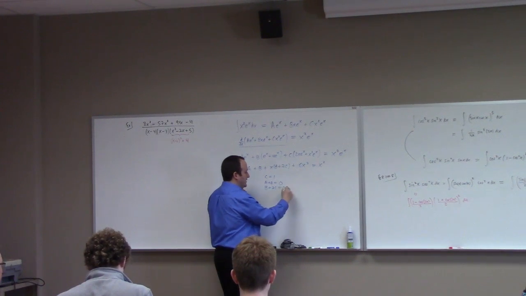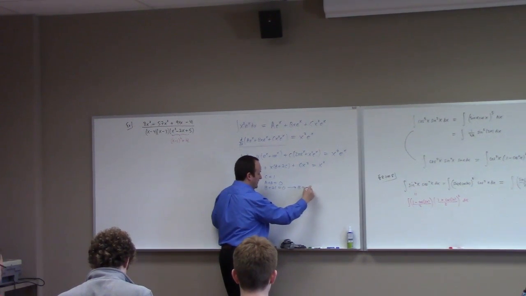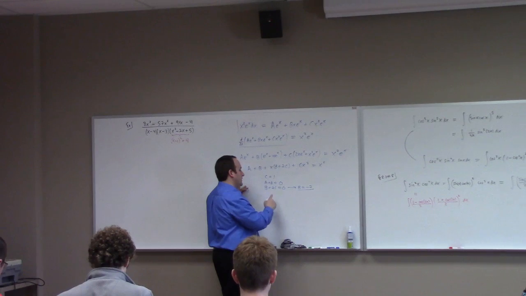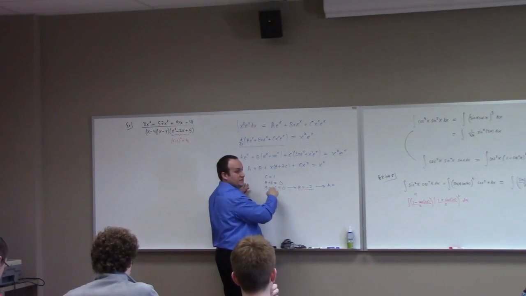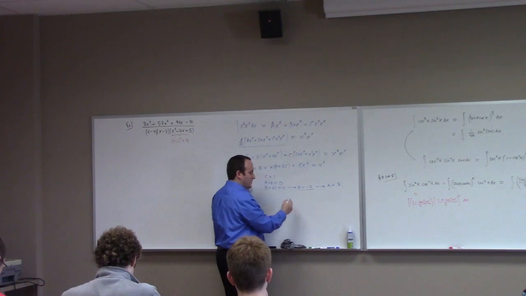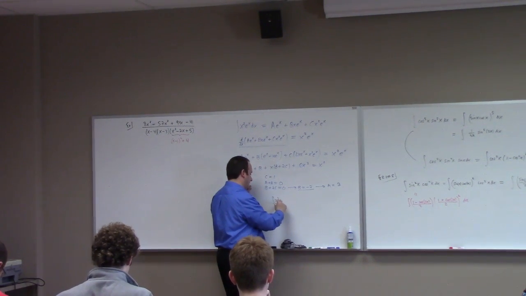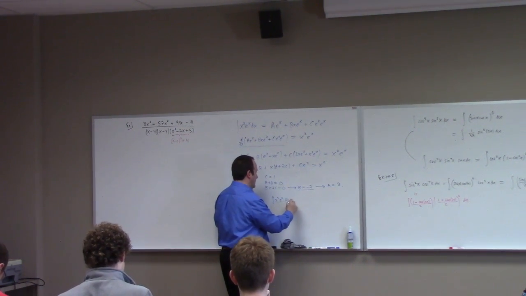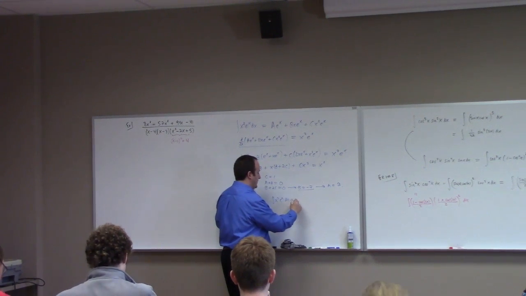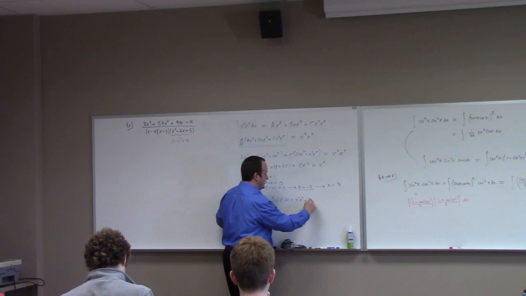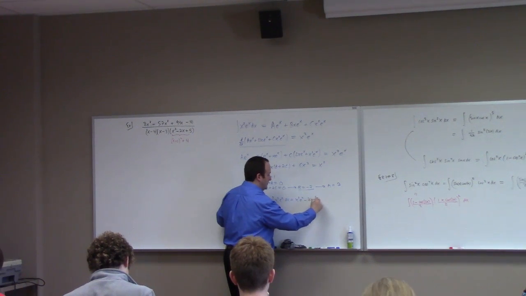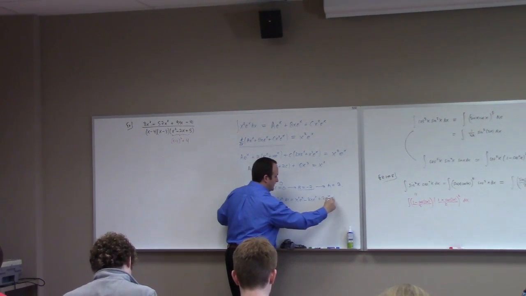So if c is equal to 1, this tells me b is equal to minus 2, and then that tells me that a is equal to 2. And so I learned that the integral of x squared e to the x dx is in fact x squared e to the x minus 2x e to the x plus 2 e to the x plus a constant.